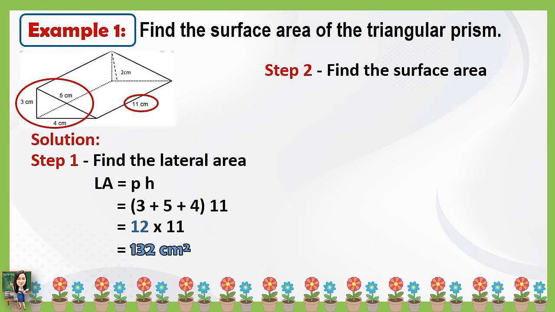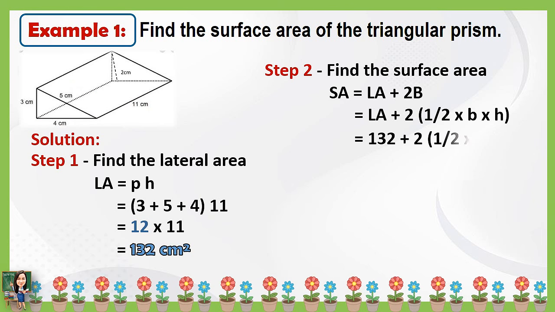For step 2, find the surface area. The formula is surface area equals lateral area plus 2 times the area of the bases. The area of the base is 1 over 2 multiplied by the base and multiplied by the height. The base is 4 cm and the height is 2 cm.